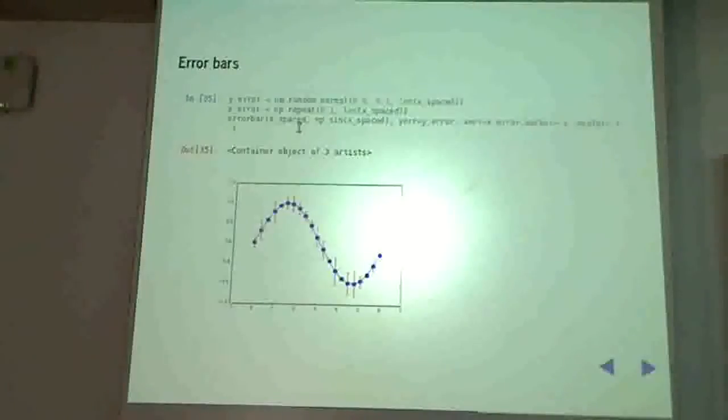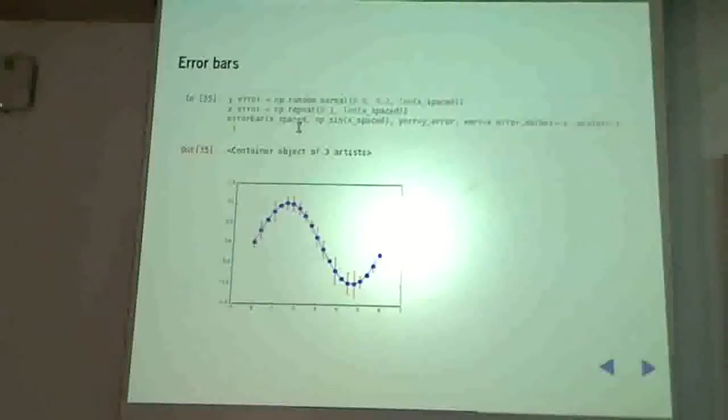So now notice here that it's a square marker and the default color is blue. It has drawn the markers in blue. It has drawn the sine curve in blue, but it has drawn the error bars in red because I specified the error bar color, and I said I want it in red. So you can control that.